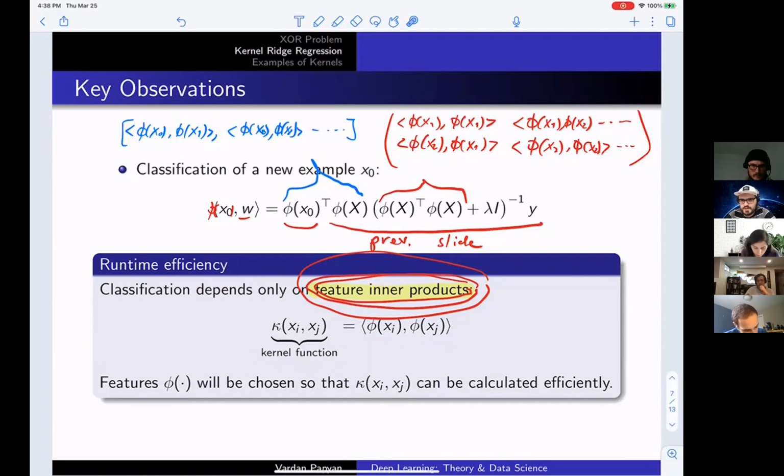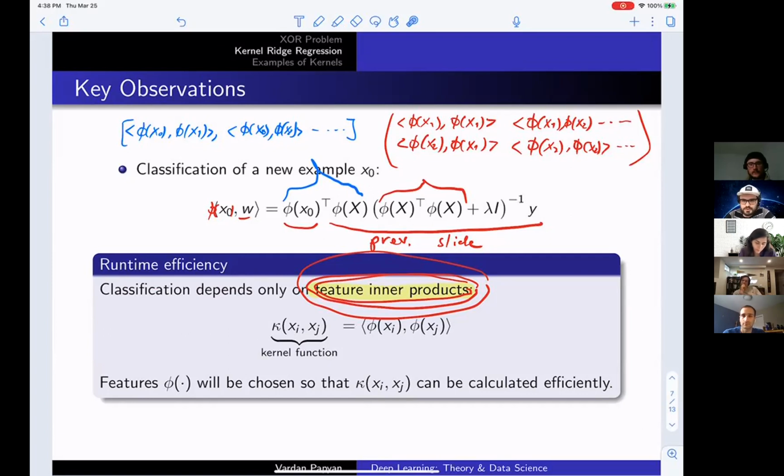So this is the definition of a kernel function, dot product of feature vectors. Now, the trick is that we will always choose the features phi that will lead to a kernel that can be calculated extremely efficiently, which is a bit counterintuitive.